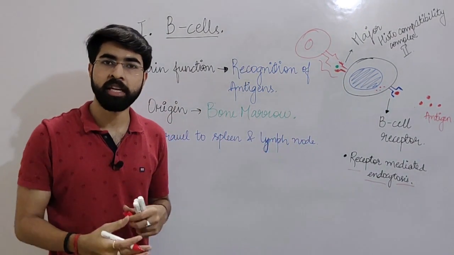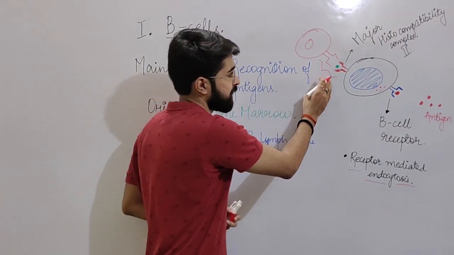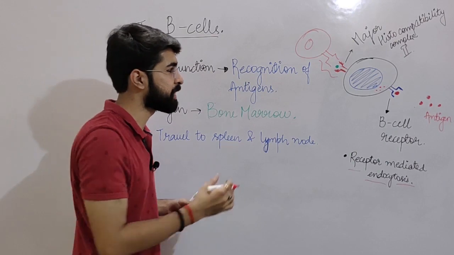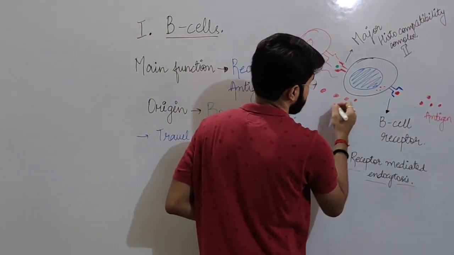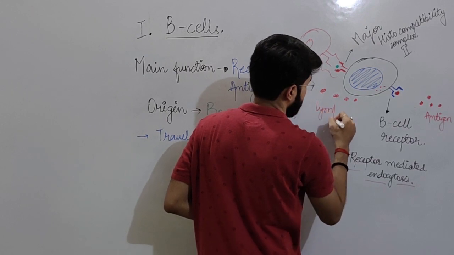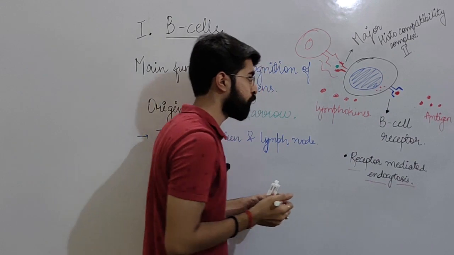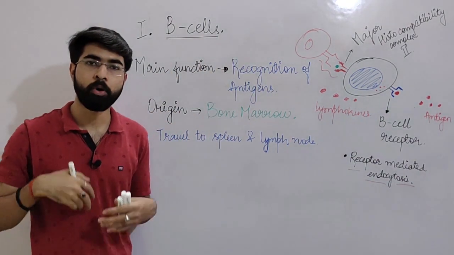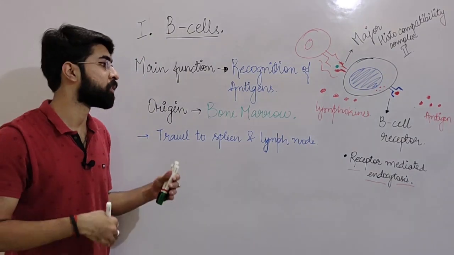As soon as it forms an interaction, as soon as it recognizes the antigen by the MHC class 2, the B cell starts the secretion of lymphokines. These lymphokines are chemical molecules that help in the process of mitosis. Why mitosis?